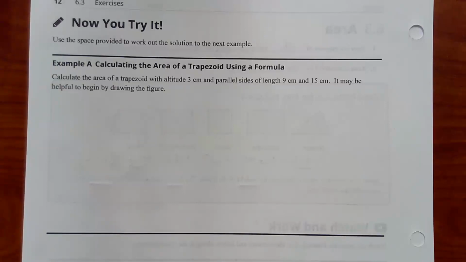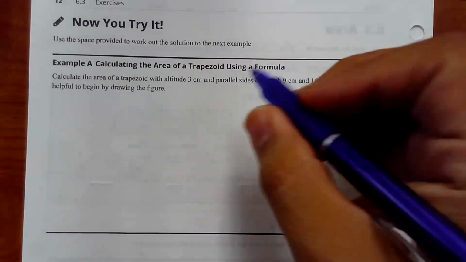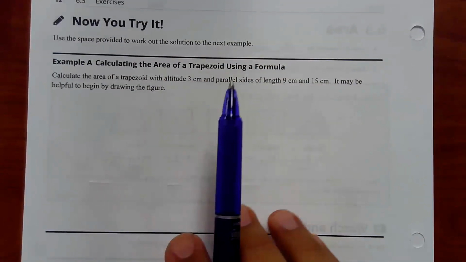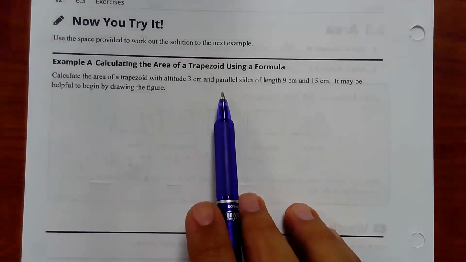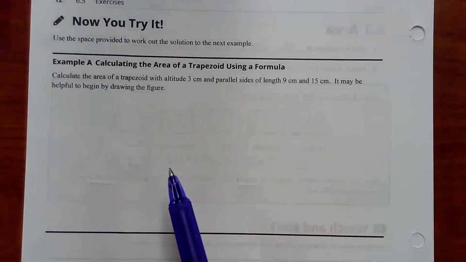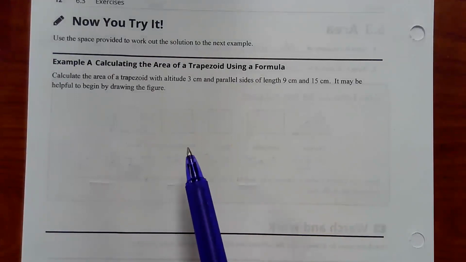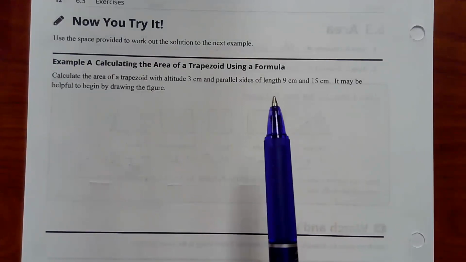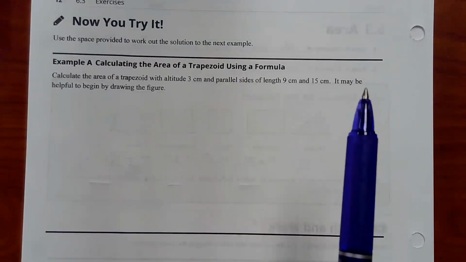What do you guys get? For 12. Yeah, this one. This next one. You got how much? 12? No, so I got that.